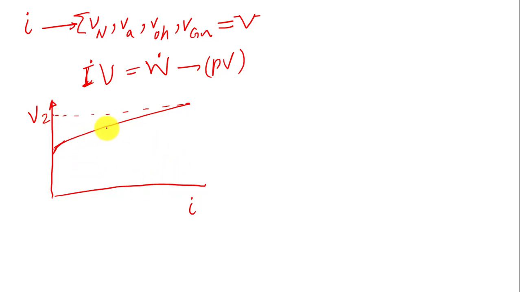Most of the electrolyzers are working in this area, where the current density is something between 500 or 600 milliamp per centimeter square, or less than the maximum 1,000 milliamp per centimeter square. So in this current range, the voltage is something around 1.8. That's what one cell gives me, this number.